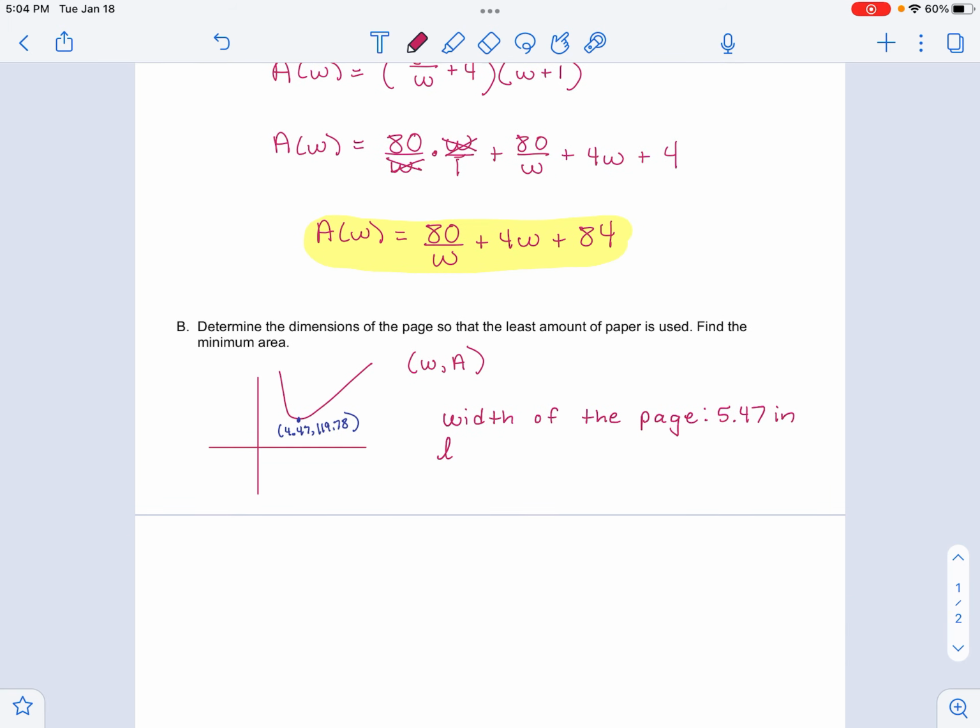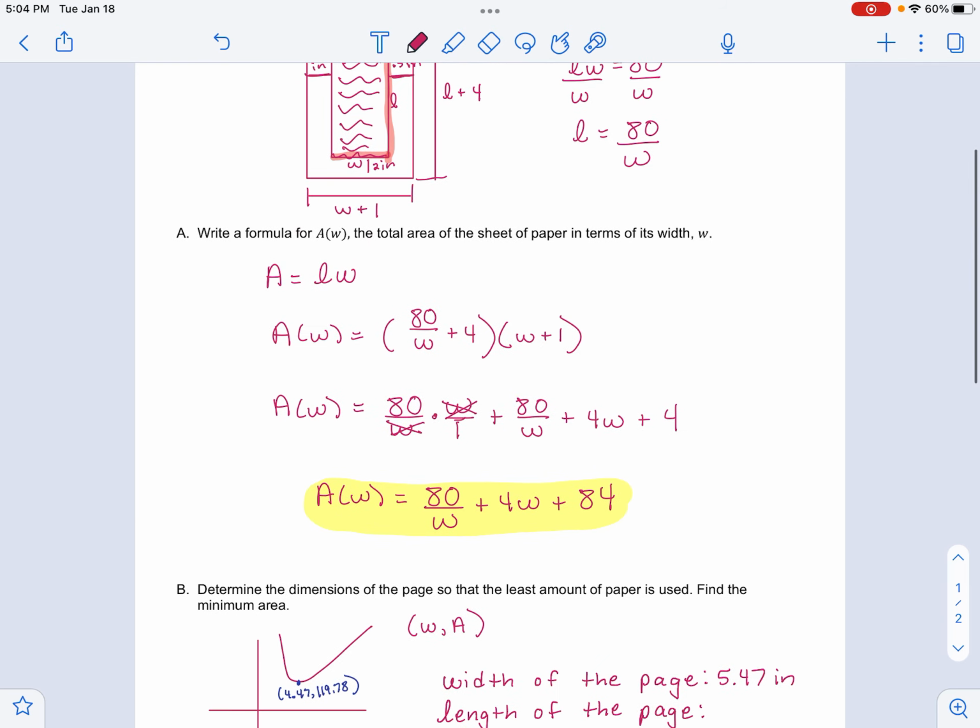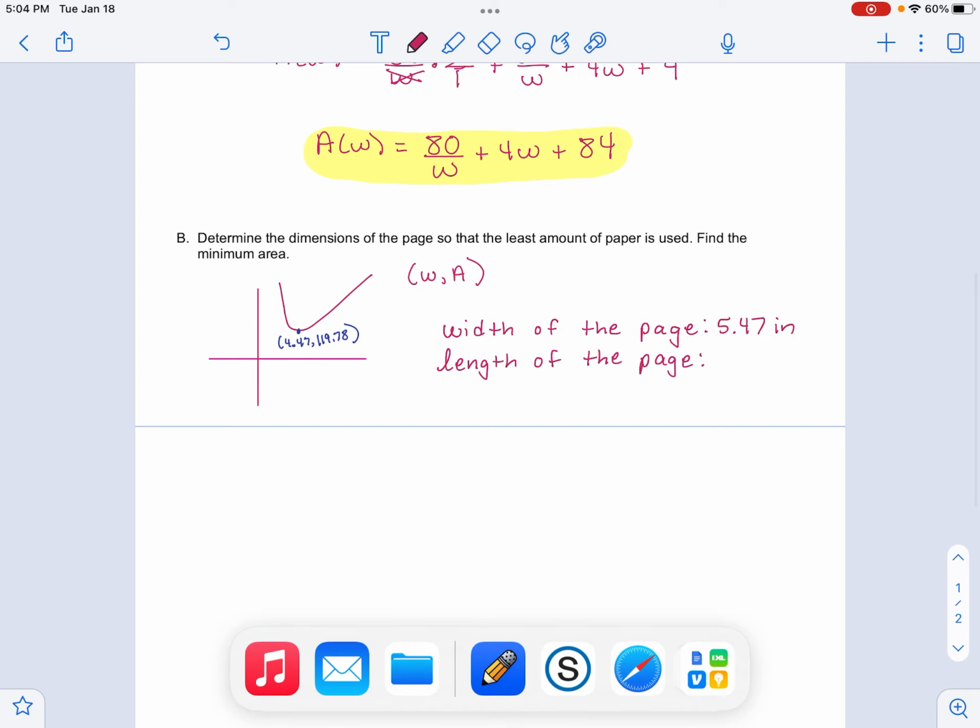For the length of the page, we have to find the L, and then add 4. So the length L is 80 over W.